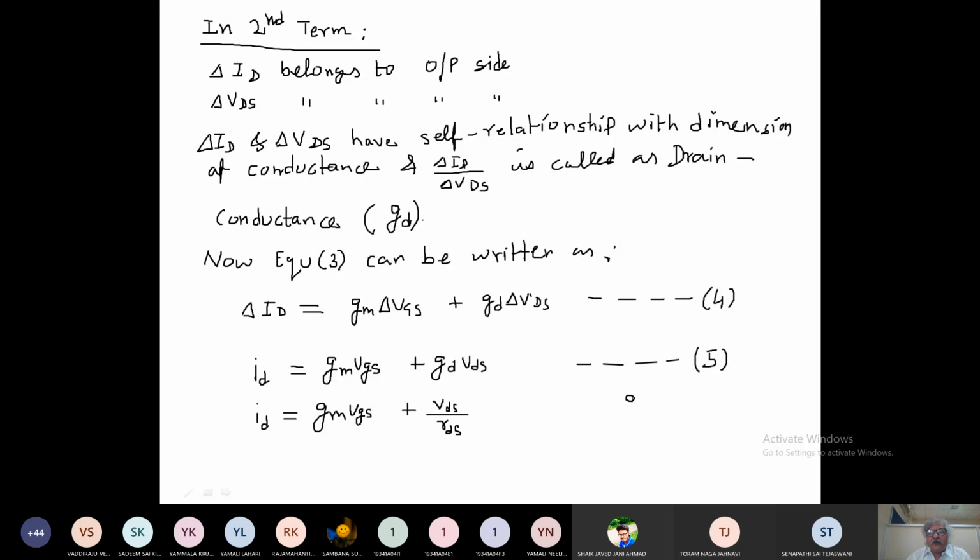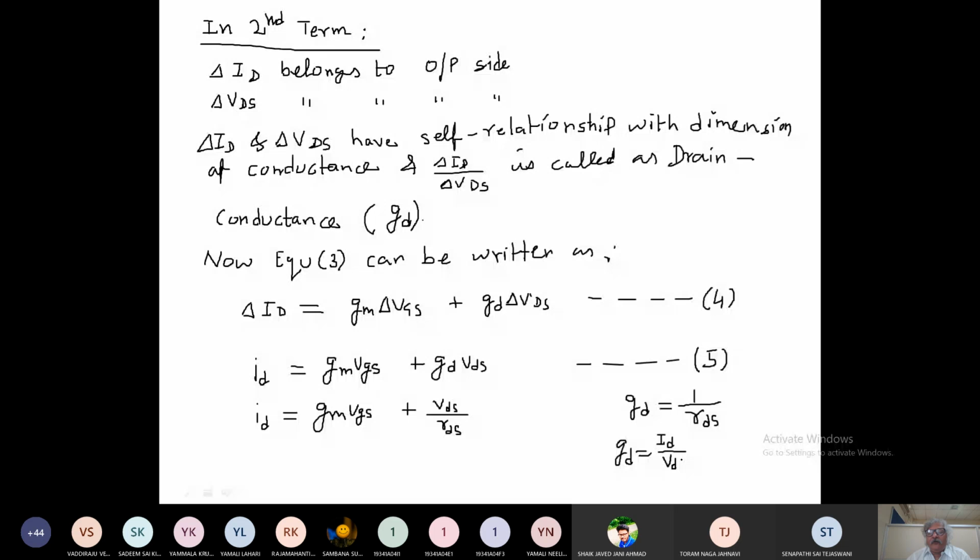See this GD, this is a conductance which we have represented as ID by VDS.